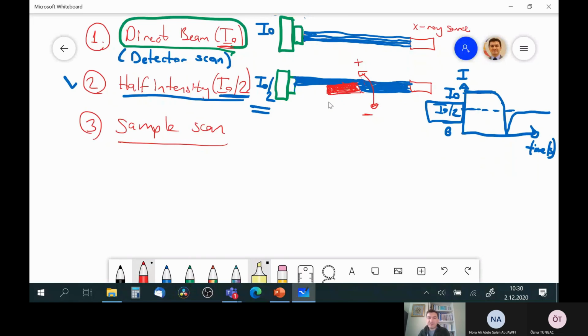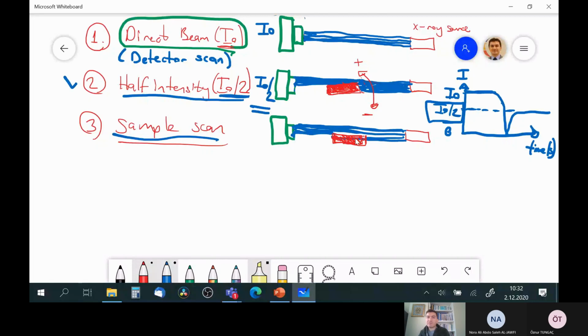So then we moved the sample to the correct position. But what happens? Let me draw another figure here. So what do you see here? We have done the sample scan and we have corrected the position of the sample.